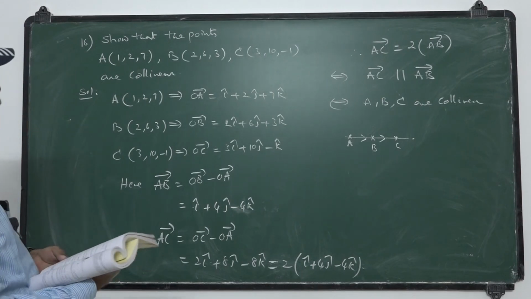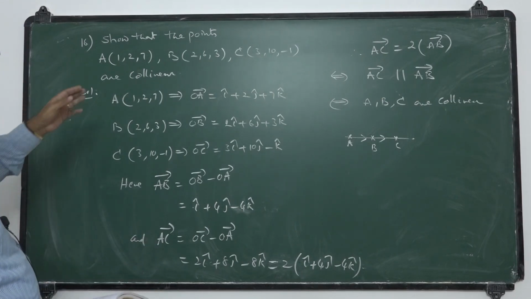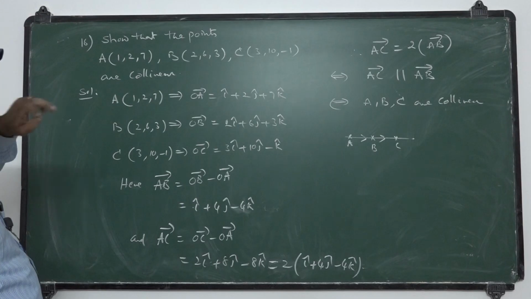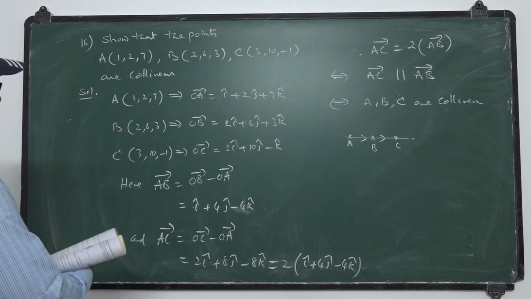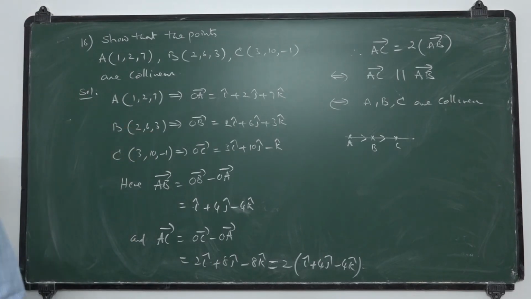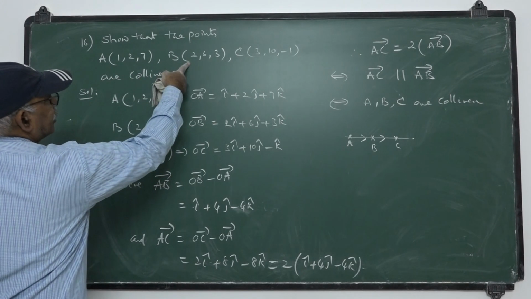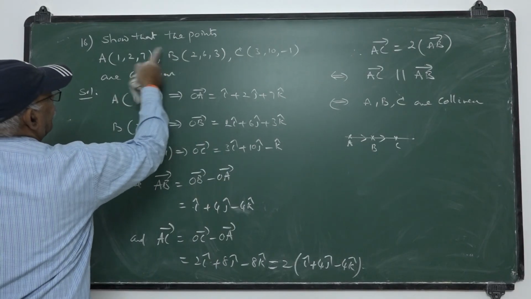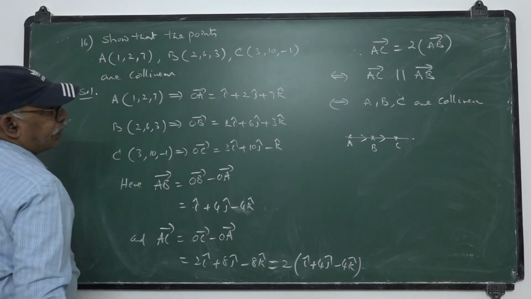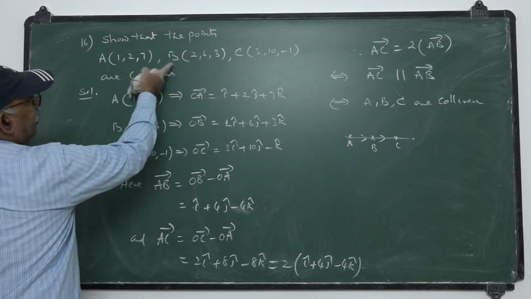This is the procedure of showing the given points collinear, collinearity of 3 points by the vectorial method. Otherwise, find DRs. DRs means x2 minus x1, y2 minus y1, z2 minus z1. Those are the DRs of AB.